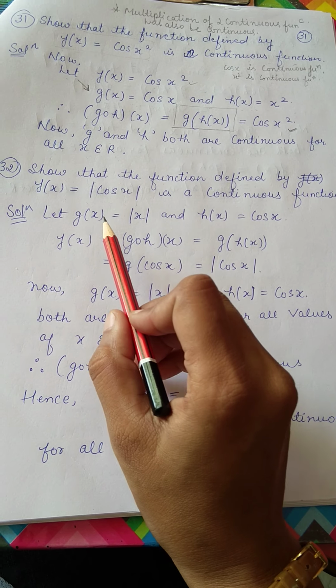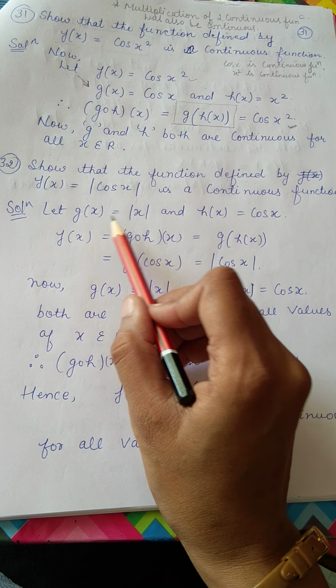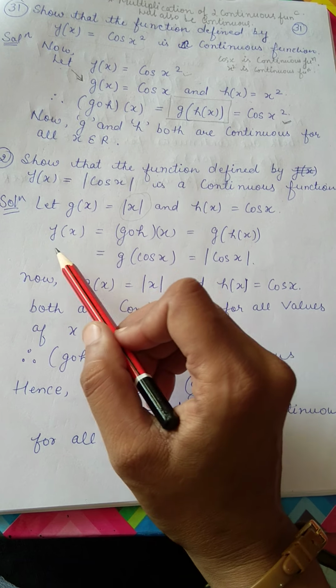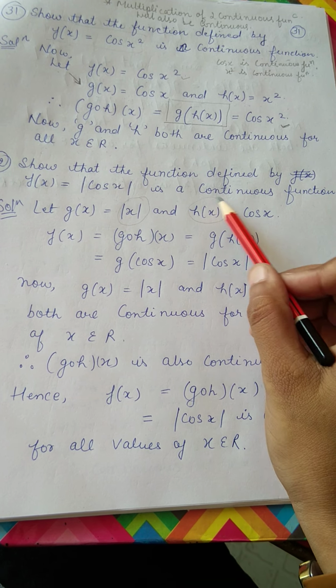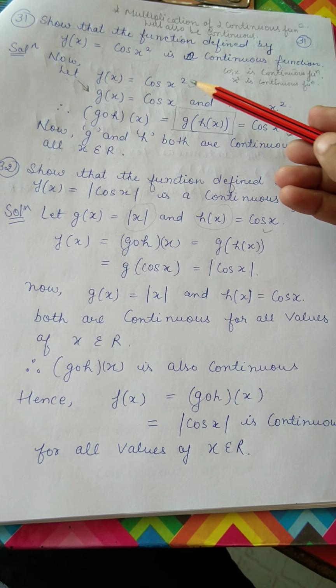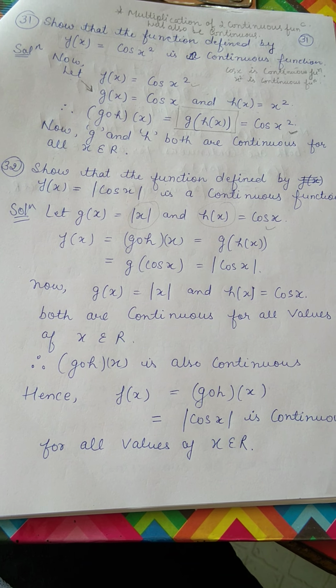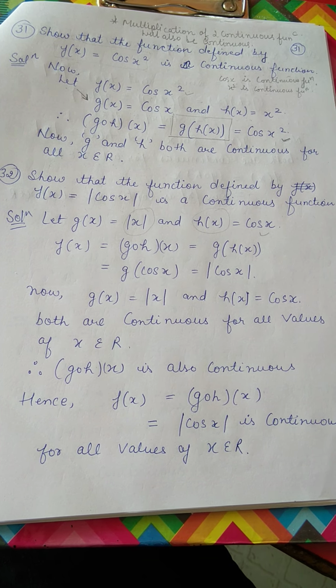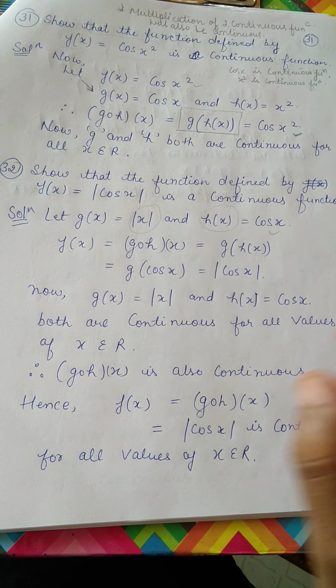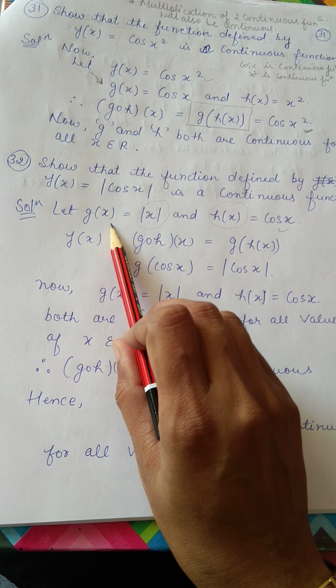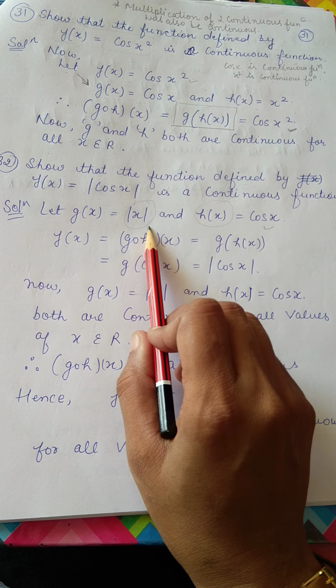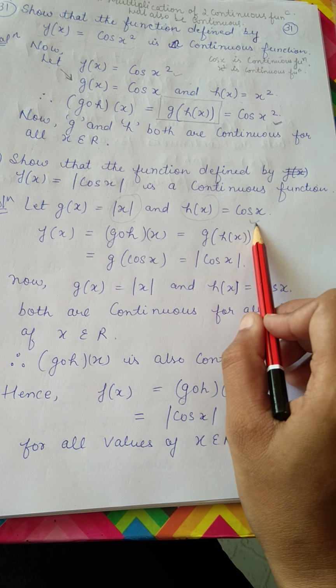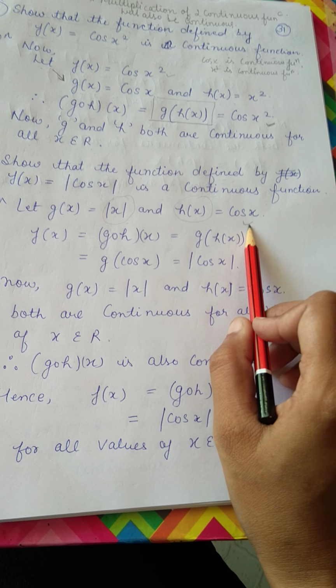Now how will we move forward with this question? First we will write let g(x) = |x| and h(x) = cos x. As we did in question 31, similarly we will write two separate functions out of the given function f(x), that is g(x) = |x| and h(x) = cos x. Clear?